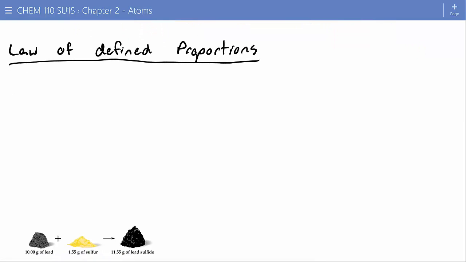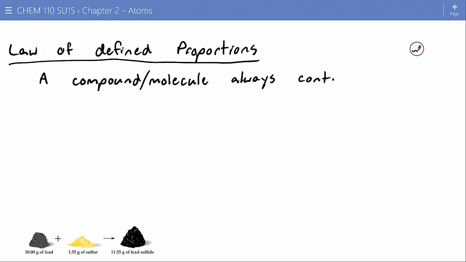And this one says that a compound or molecule always contains the same elements in the same ratio.